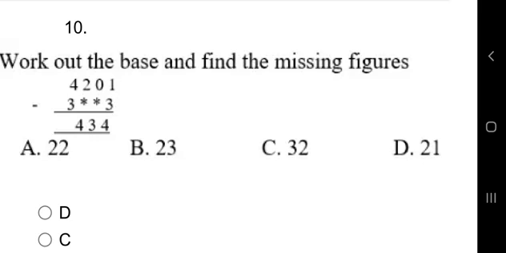Now this question asks us to work out the base. We want to find the base and find the missing figures. So the first thing is to find which base this could be. From looking at this, the highest digit we have here is 4, which means the minimum base this could be is 5. So we check if it's going to be 5. If we want to do that, we're going to borrow from here.